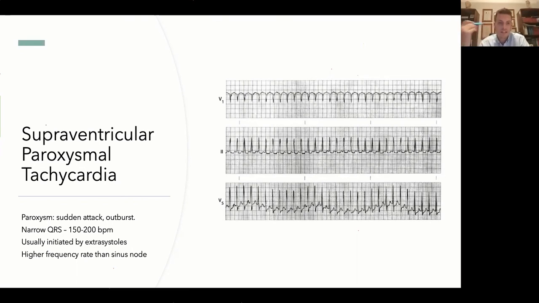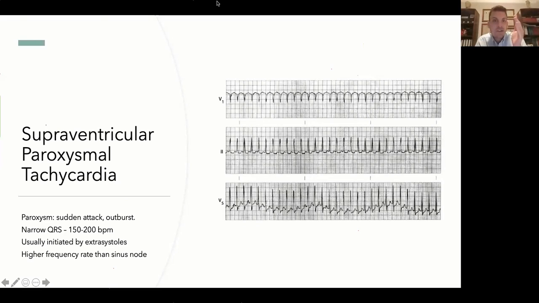You will have a supraventricular extrasystole, so an atrial one, an abnormal beat with an abnormal P wave and a QRS with an incomplete compensatory pause, and then this will occur. It's regular, and it fires at a very fast pace.